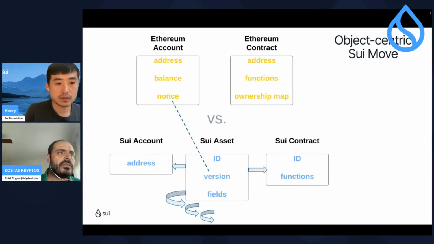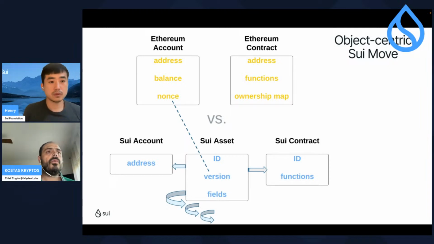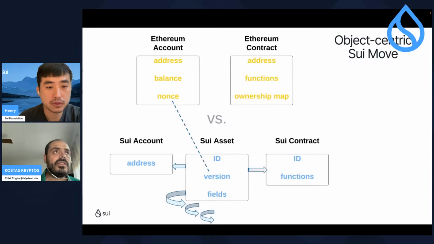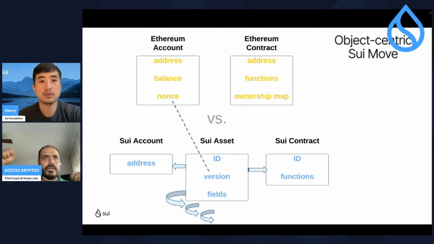Your balance is not registered under your Sui account, which means that each address in Sui is receiving assets as if in a tree, and things they point to your address. In Ethereum, this is not happening, because this is happening inside the smart contract. Typically, you have an ownership map there, and people are sending tokens or NFTs or anything into a particular hash map inside the smart contract. In Sui, they're literally sent under your address.